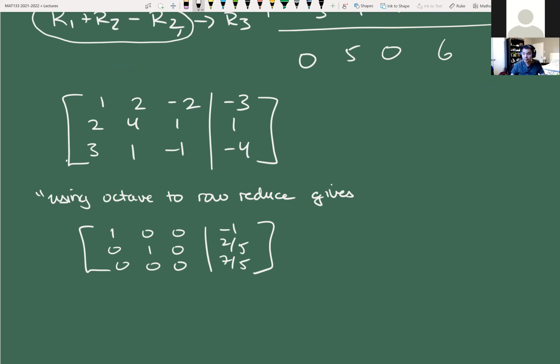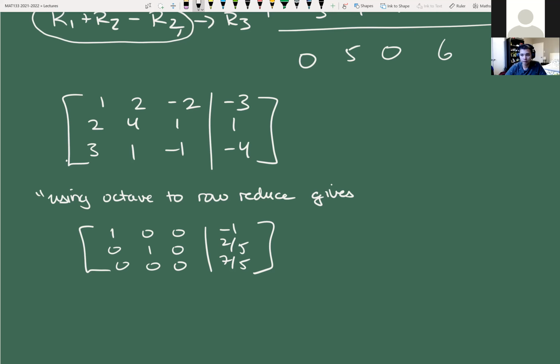Okay, so that's how you would do it on a test, or you could leave it in decimal format. I converted them to fractions because I usually like working with fractions more, but this is how you would do this in a test. You give us the matrix before, and then you write the sentence saying, by Octave, row reducing using Octave gives, and then the output, whatever Octave gave you.